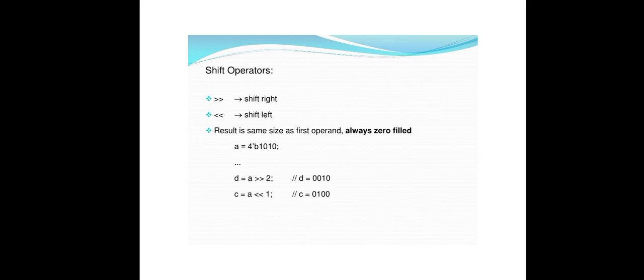Then c is equal to a << 1, that means shifted 1 time, a is equal to 1010, it means left shift, a 0 is added on the right side of this value. This is the example of shift operators.